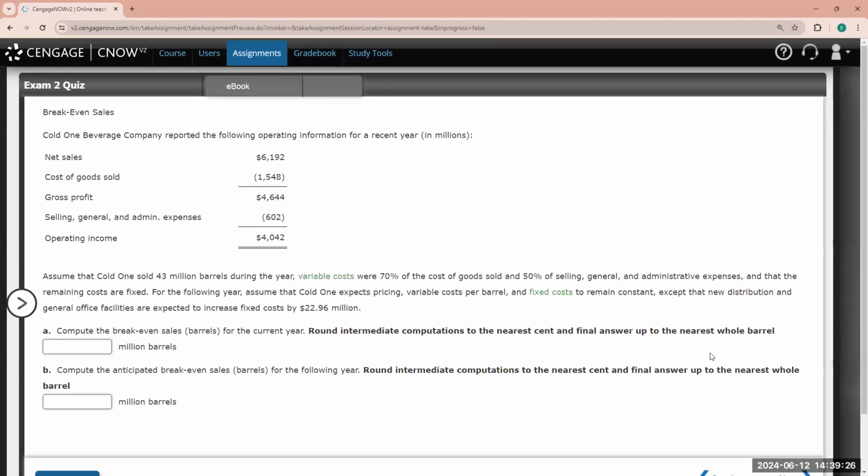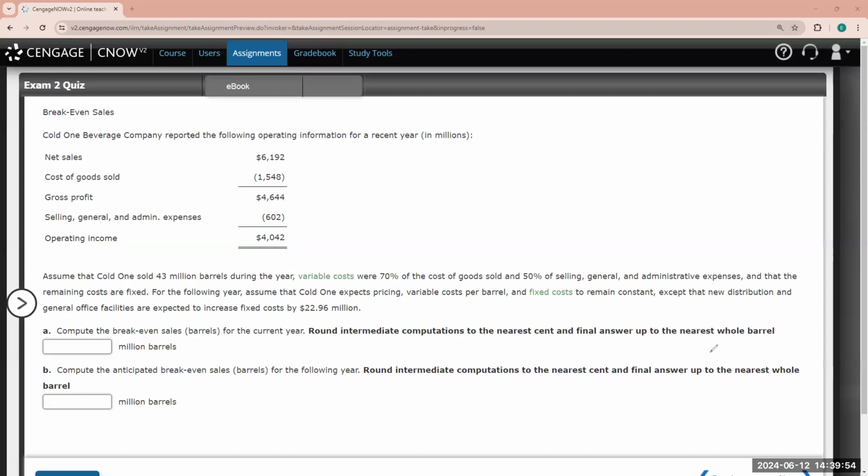For the following year, assume that Cold One expects pricing, variable costs per barrel, and fixed costs to remain constant, except that new distribution and general office facilities are expected to increase fixed costs by 22.96 million. So for part A, it's asking us to compute the break-even sales for barrels for the current year.